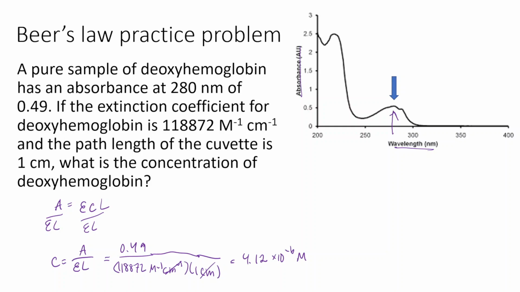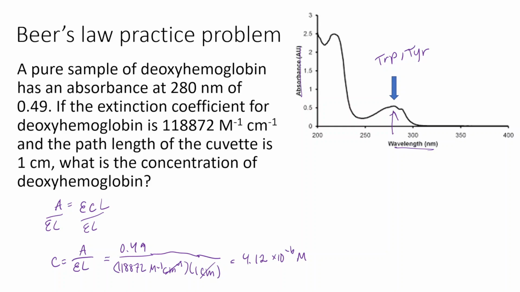It's an invisible cuvette. And the reason we measure at 280, does anybody know which amino acids absorb strongly at 280? Yeah, one of them is tryptophan. And then the other one is tyrosine. Yeah, there's 20 amino acids, but you could have guessed the other one.